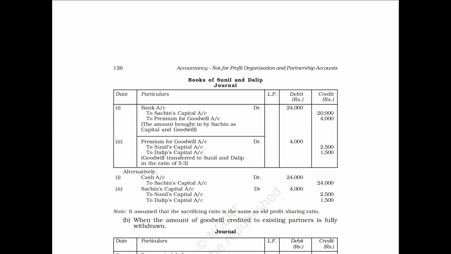Bank account debit to Sachin's capital account, and to premium for goodwill, because Sachin brings 4,000 rupees for goodwill. So bank account debit to Sachin's capital account, this is for capital. Bank account debit to premium for goodwill, 4,000. This is for the goodwill entry.